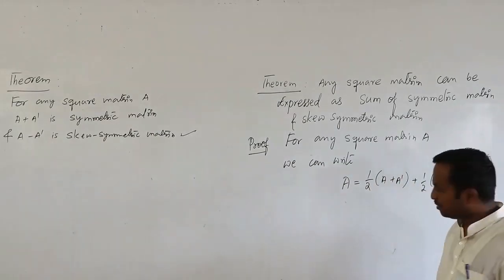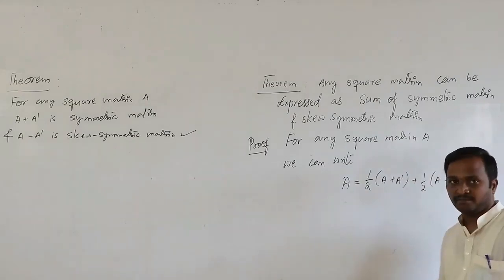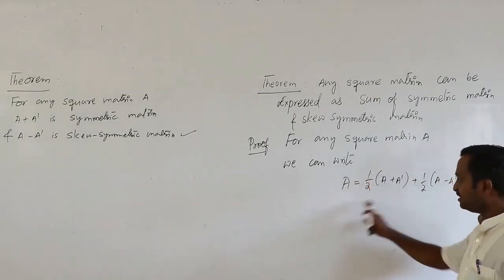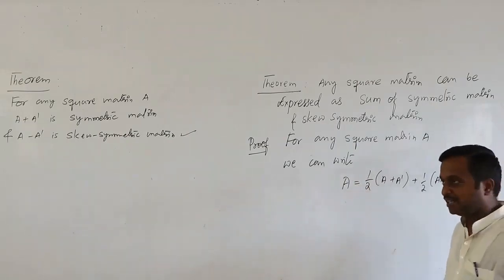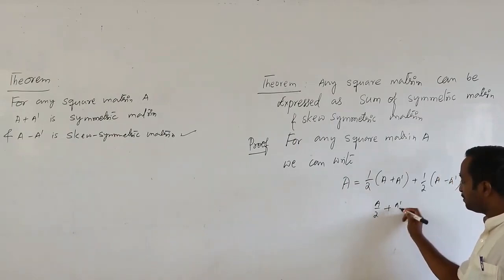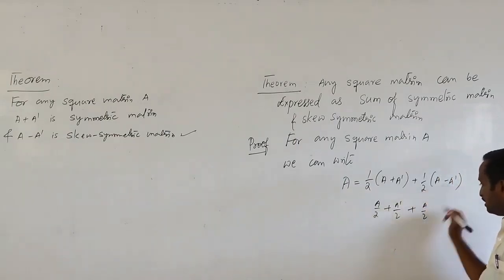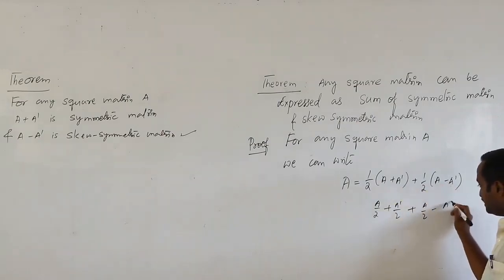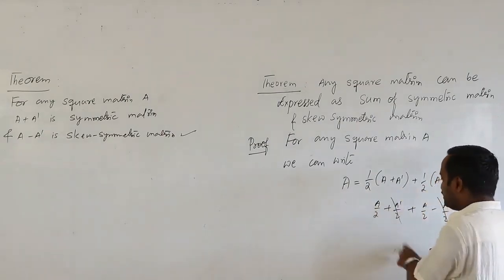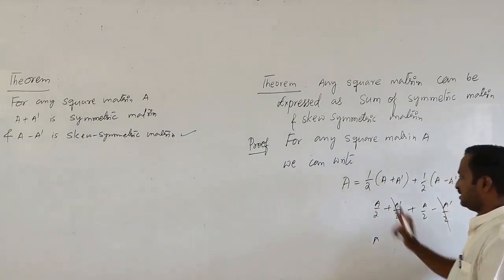How have I written it? Just observe. Multiply half here: this is A by 2, this is A dash by 2, plus half multiplied by A gives A by 2, and half into minus A dash gives minus A dash by 2. A dash by 2 gets cancelled, and A by 2 plus A by 2 is nothing but A. That's why I have written it.